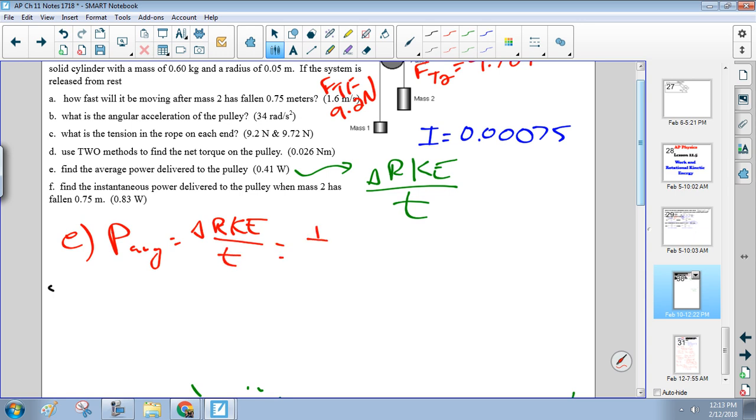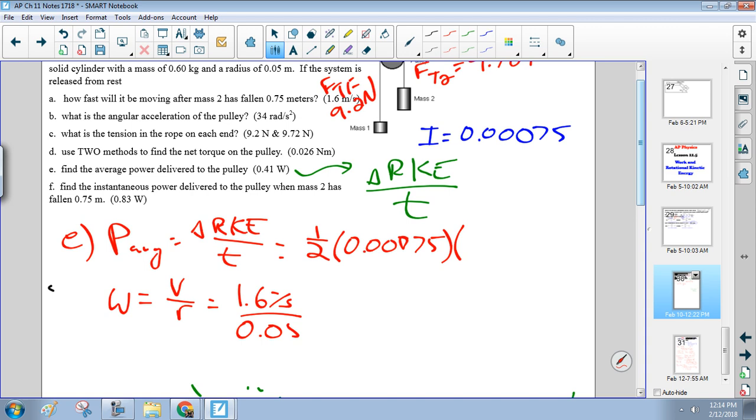Our RKE is 1/2 I, which is 0.075 times omega squared. We haven't found omega yet, but we did find the V. Omega is V over R. The V we got was 1.6 meters a second divided by our radius, which gives you 32 radians per second. Don't forget to square it.